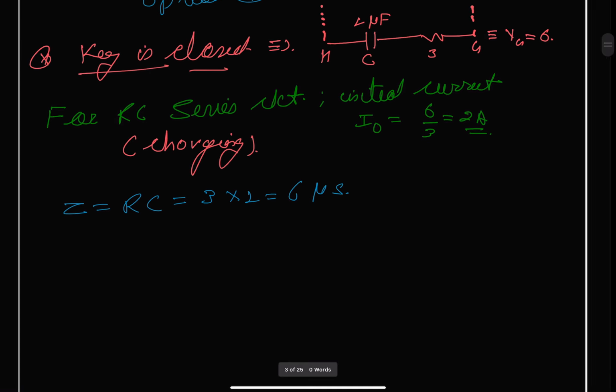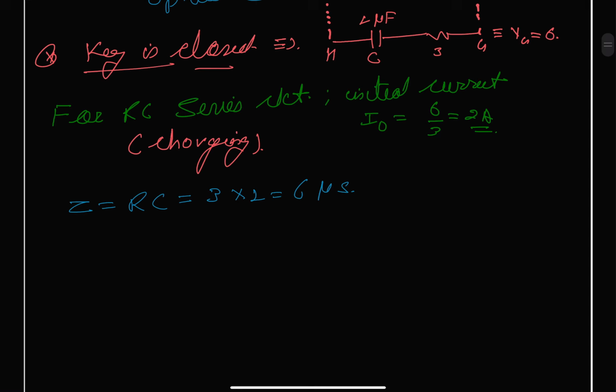We can write the equation for RC series circuit. So we can say current at time t, I, will be equal to I naught e raised to power minus t upon tau.